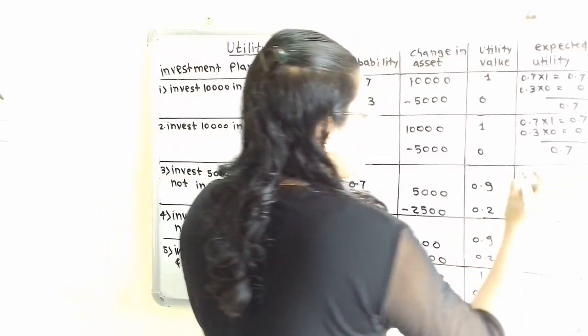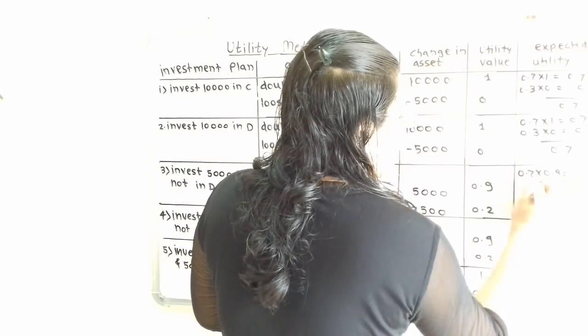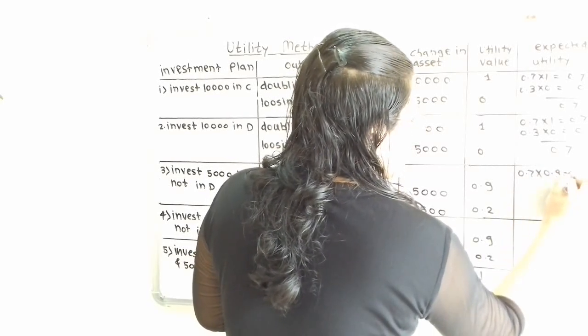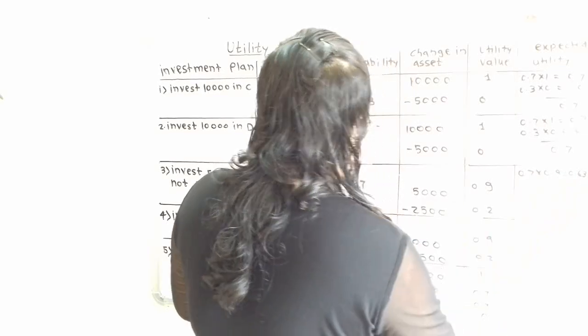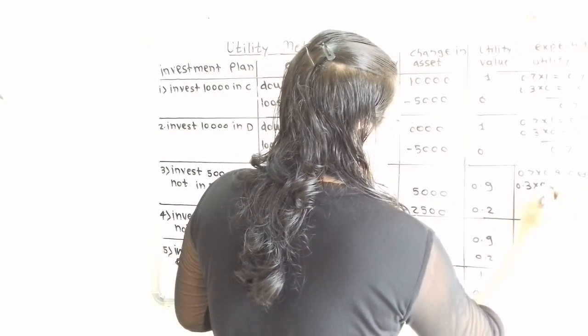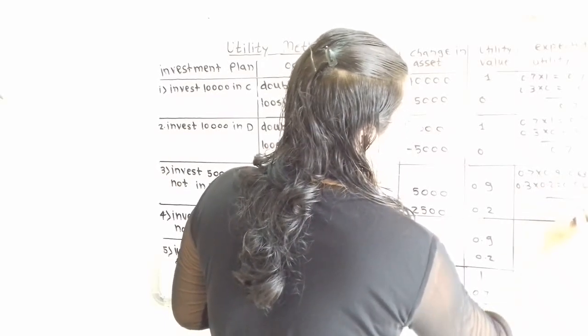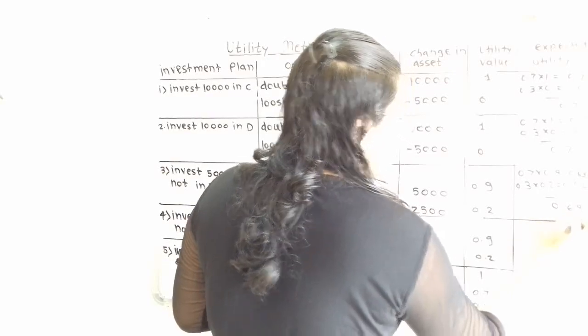So here 0.7 into 0.9, it will become 0.63, and 0.3 into 0.2, that is 0.06, and its total will become 0.69.